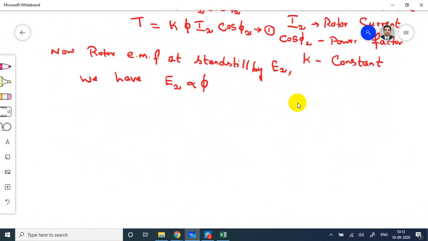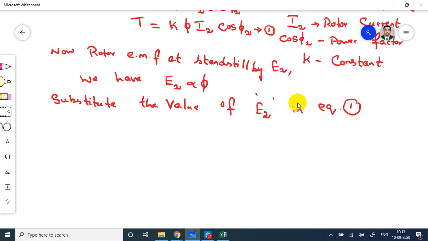Now substitute the value of E2 in equation 1. What is the value of E2? That is nothing but phi.